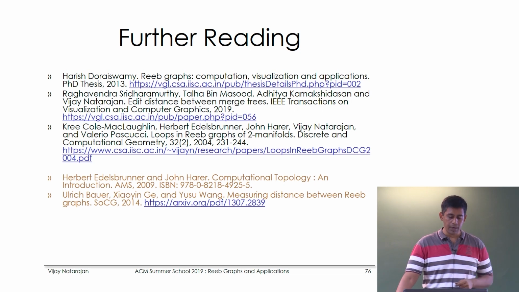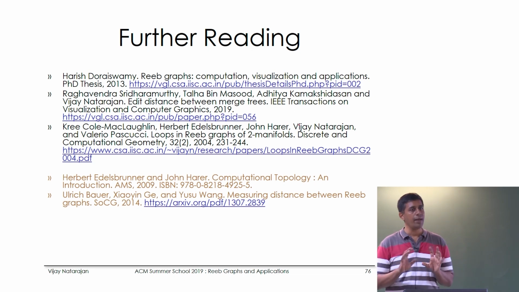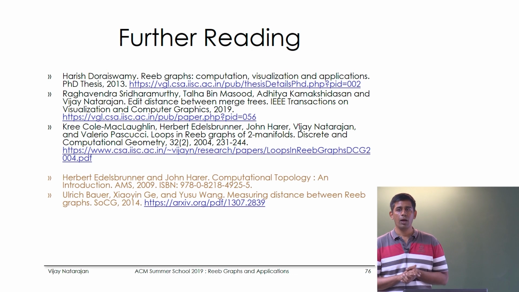Raghavendra has a nice paper on comparing trees. You can read it to understand some applications of contour trees and Reeb graphs. The third reference is the one that describes the loop properties, the number of cycles and so on. So if you are interested in that kind of work, then you can look at the third reference.